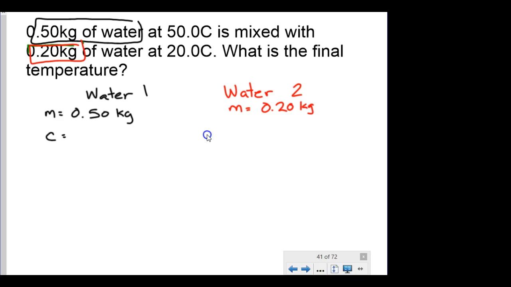Specific heat capacity is not given in the stem of the problem. Exactly. We need to look it up. By the end of this unit, we will know that it's 4.19 joules per gram degree Celsius because we will use it so much.